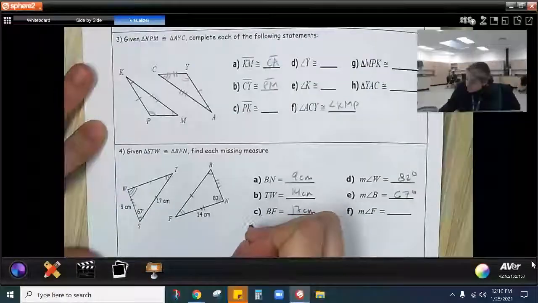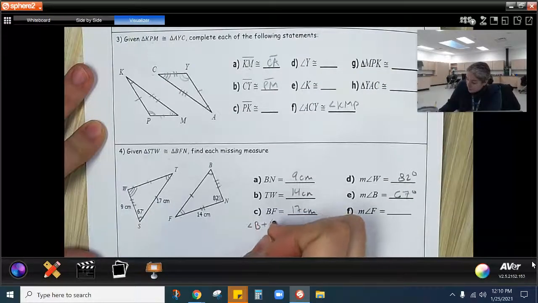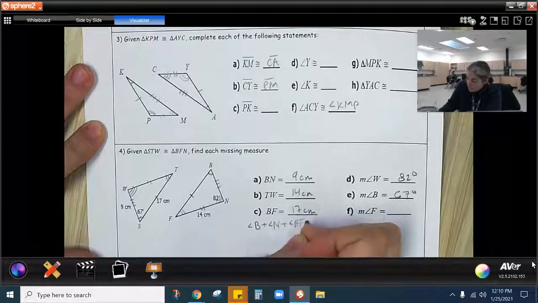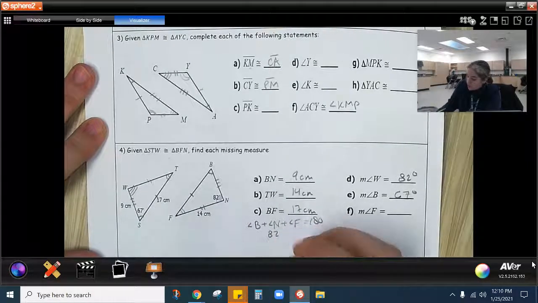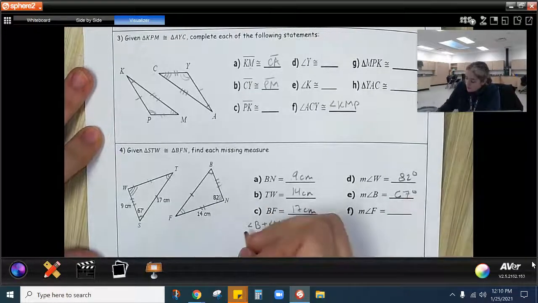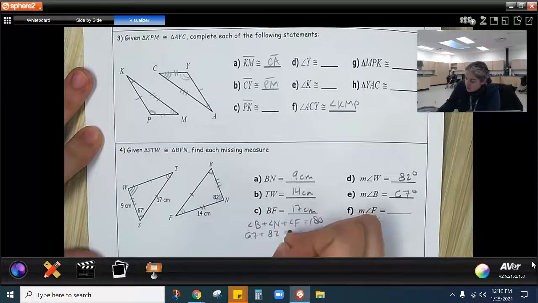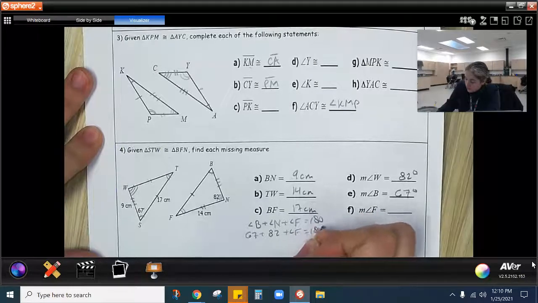So because we know angle B plus angle N plus angle F is equal to 180, we know angle N is 82, and we have already said that angle B is 67. So we've got 67 plus 82 plus angle F equals 180.